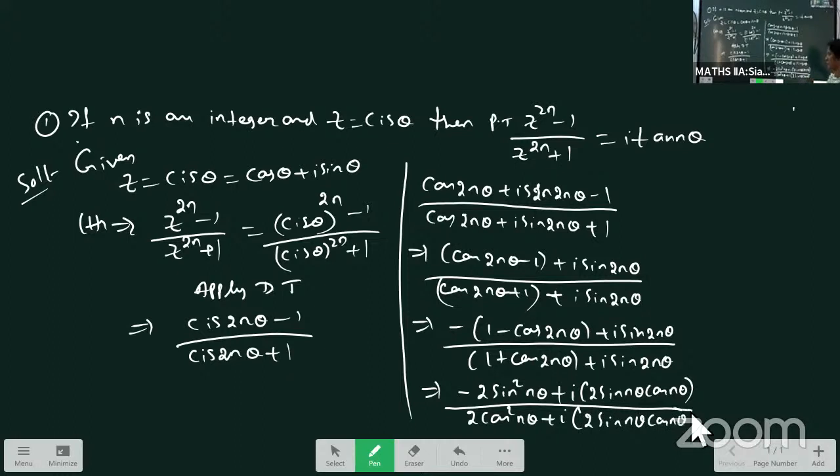In the next step, write minus as i square. We know i square is equal to minus 1. So substitute this value.